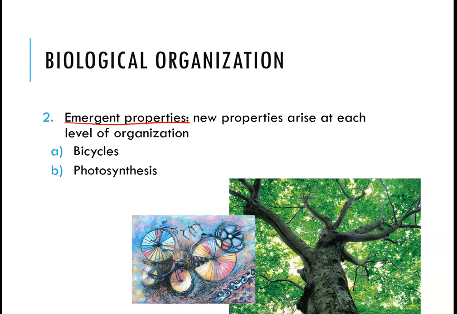Because all energy ultimately has to come from the sun, and we need plants to harness that energy and convert it for us. So without all of the parts, you don't get photosynthesis. So as we start organizing our molecules into functional things in a cell, we get new functions.